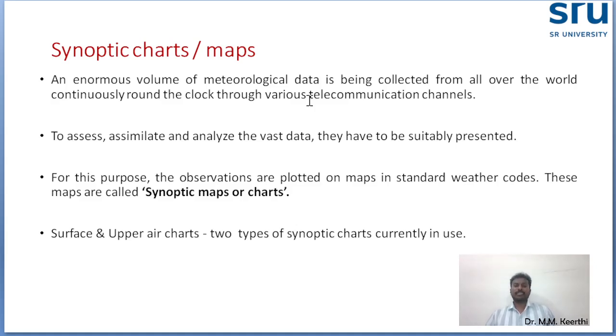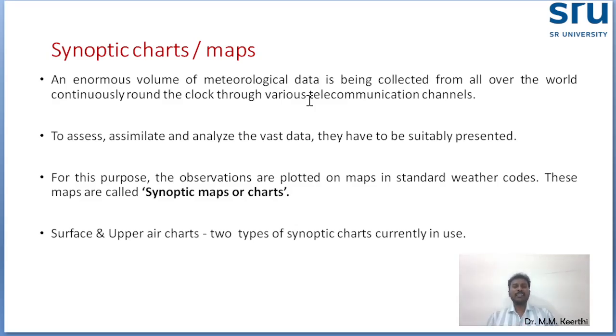Okay, next, followed by agro advisory services, we can go for another tool. The weather forecasting tool for agro advisory is the synoptic chart and maps. This is one interesting factor. Through indications we can decide which type of weather forecast it is.